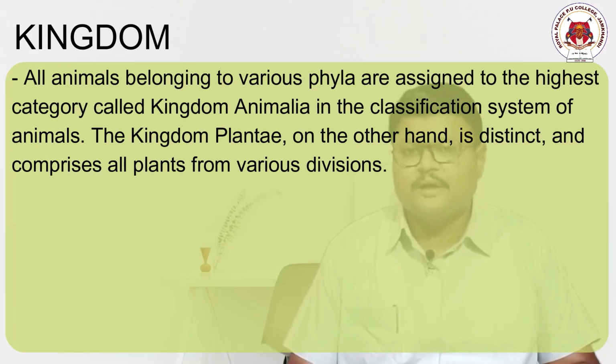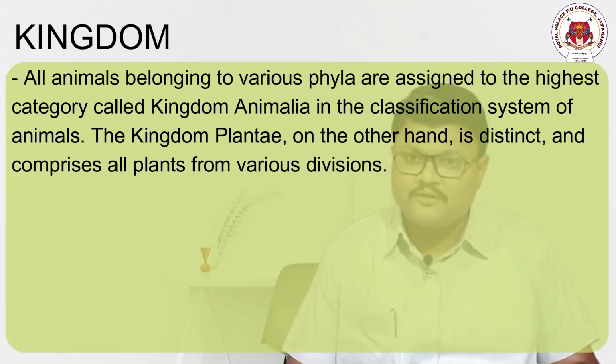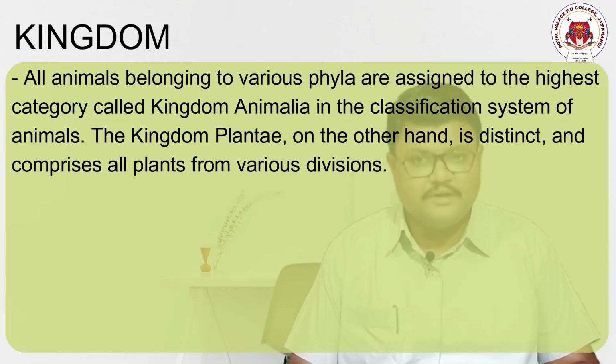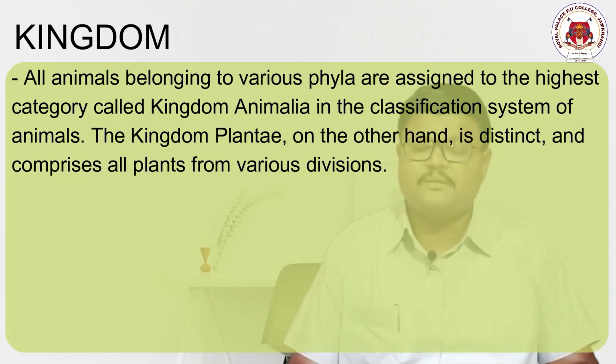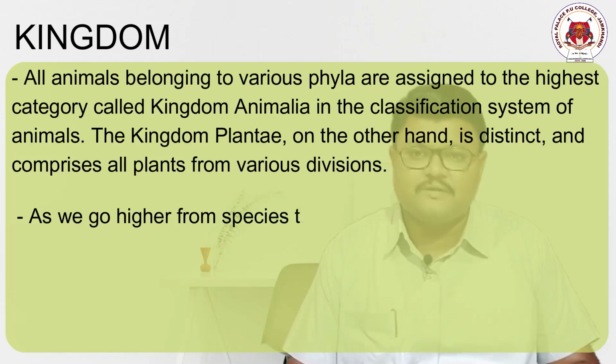Sir, what about some other organisms? Those organisms which do not come under the characteristics of plants and animals? Are all these organisms also added into animals or plants, sir? No. There are different kingdoms, and right now, with our explanations, we have 5 kingdoms, and the explanation of those kingdoms will come afterwards.